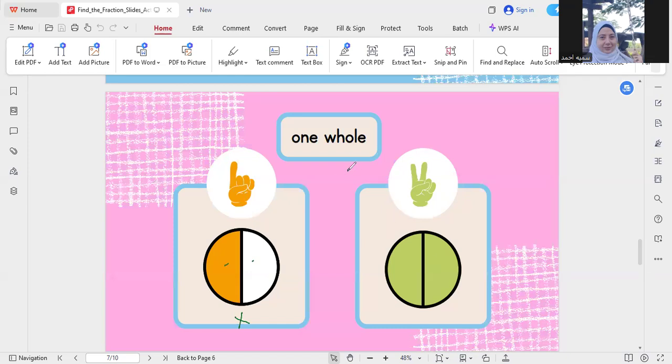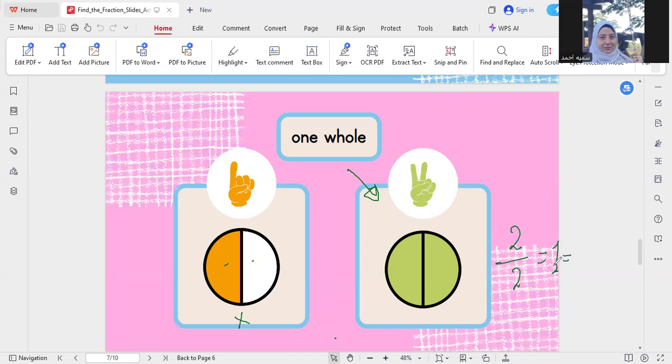We can choose the second answer to be 2/2. The number of colored parts as a numerator equals 2. The number of all parts equals also 2. It equals whole 1.